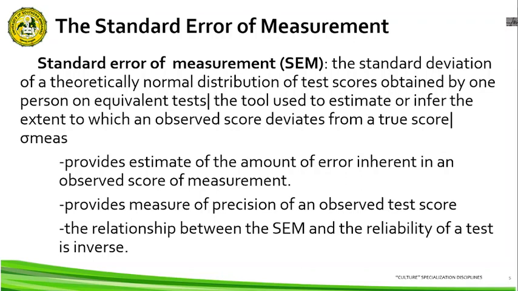It is the standard deviation of a theoretically normal distribution of test scores obtained by one person on equivalent tests. It is the tool used to estimate or infer the extent to which an observed score deviates from a true score.